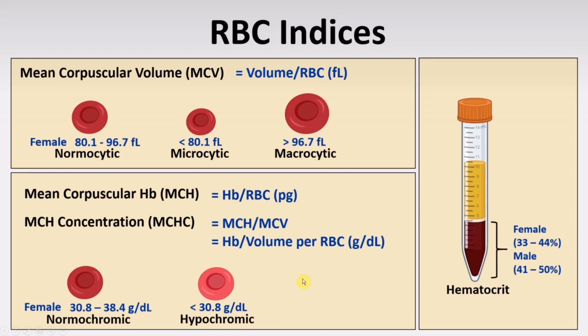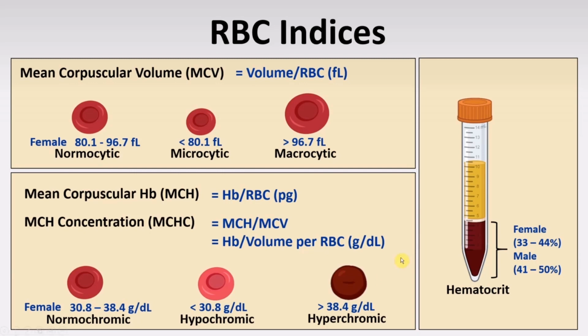There are also rare instances when the hemoglobin concentration can be more than the expected range. That's when we call the condition hyperchromic. Right, and this is a rather rare condition which we will also discuss in our next slide as well. We don't tend to have red blood cells that are hyperchromic in nature, but only in very rare circumstances, which I'll share a little bit more in the next slide.